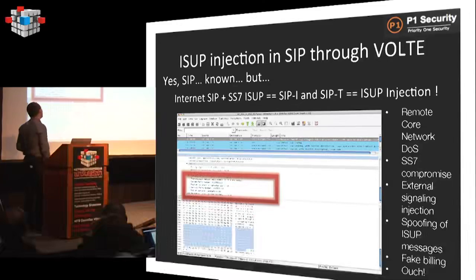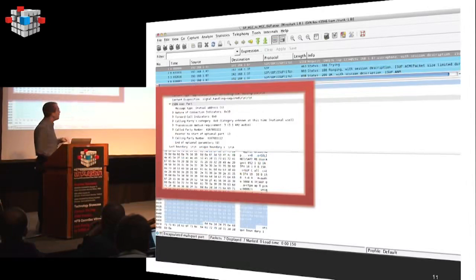Since on this vertical stack they piled up stuff that we know, we now know even better how to get into these, because this is just standard SIP. And in SIP, we are going to encapsulate some information which is actually direct SS7. It's called ISUP injection.